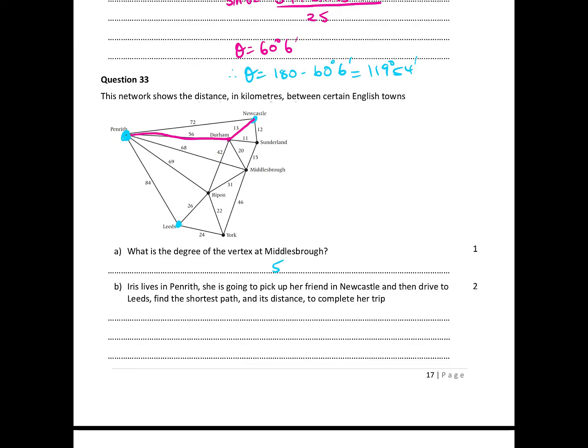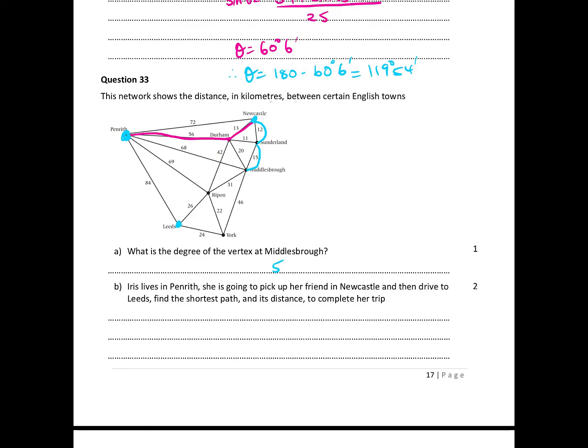If I go 13, and then that only gives me, then I could go 20 and 31, but have a look. I could probably do something even shorter. What if I went 12 and then 15?